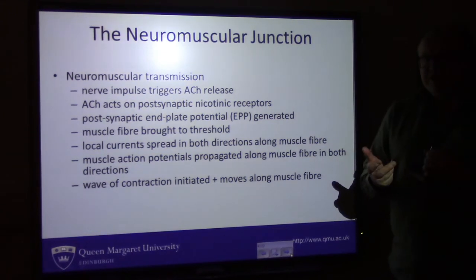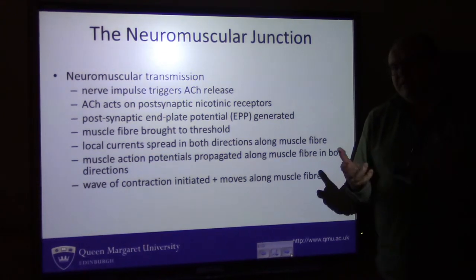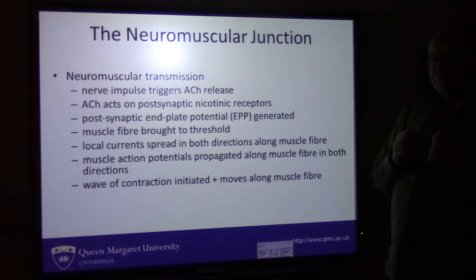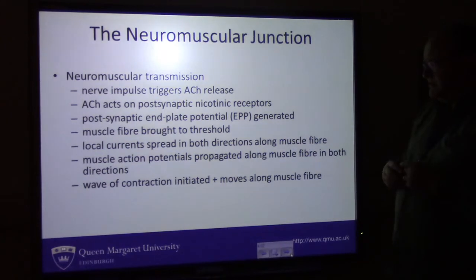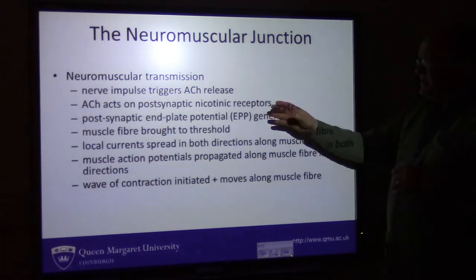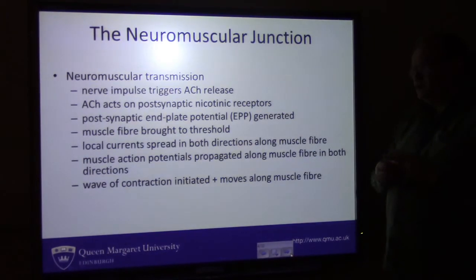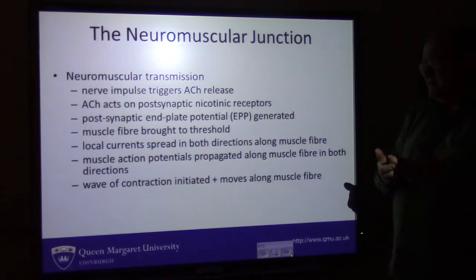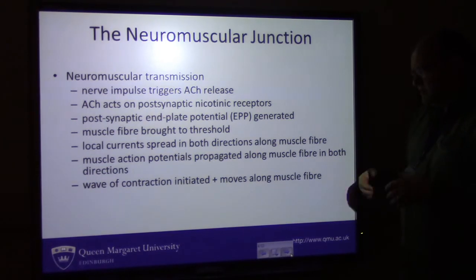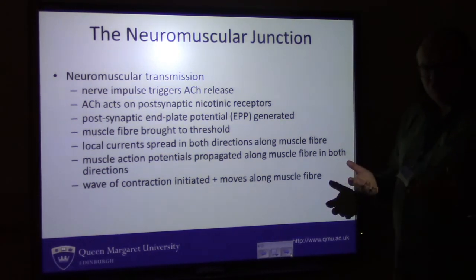The muscarinic receptors are the ones that are found, for example, in the cardiac tissue, but at the skeletal neuromuscular junction, they are nicotinic cholinergic receptors. Once the acetylcholine works there, it generates what we know as an end plate potential. That brings the muscle fibre to threshold, and that allows the influx of calcium to the muscle and then gives you the contraction of the skeletal muscle.